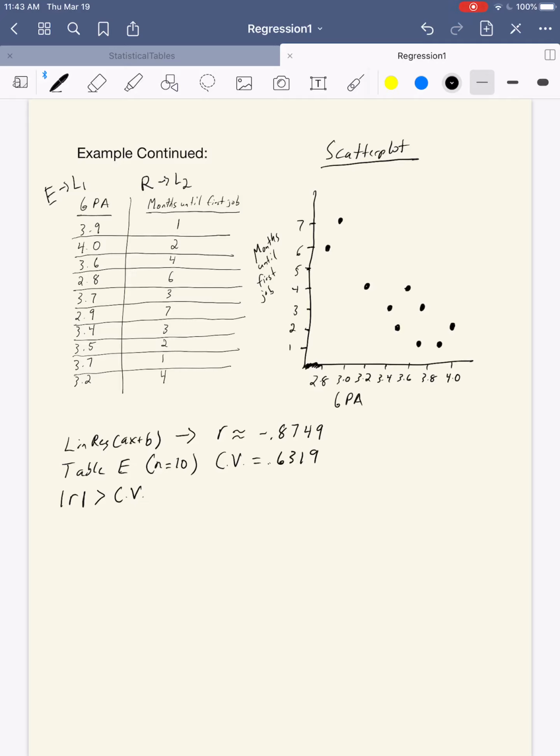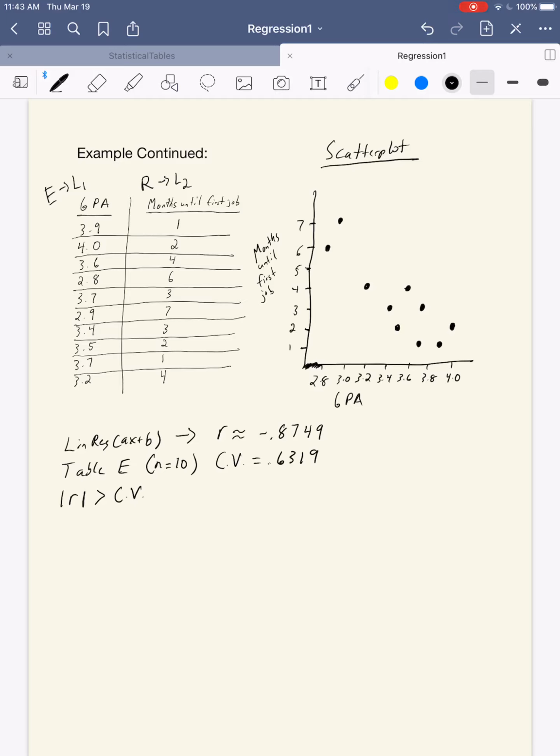Whenever the absolute value of your correlation coefficient comes in larger than the critical value, that's saying that the pattern is stronger than that critical or cutoff value. That means the pattern we're seeing really counts statistically as a pattern or as a relationship.